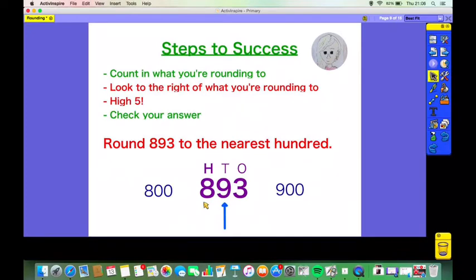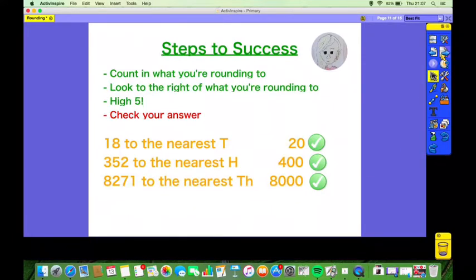Is that going to be 800 or round up to 900? So I look to the right of that. I see a 9. So using my high 5 rule, I know that I need to round up to 900. And again, if I look to the right and see a lower number below 5, I would round down.